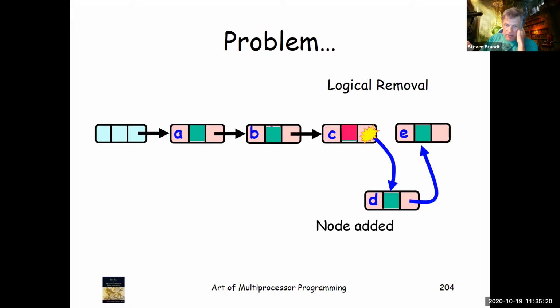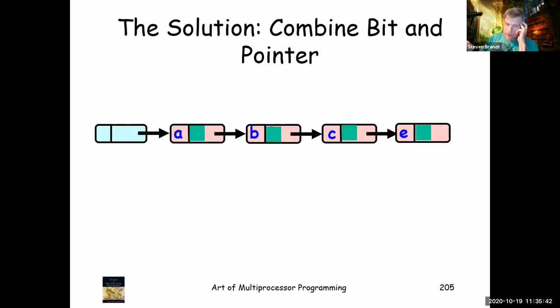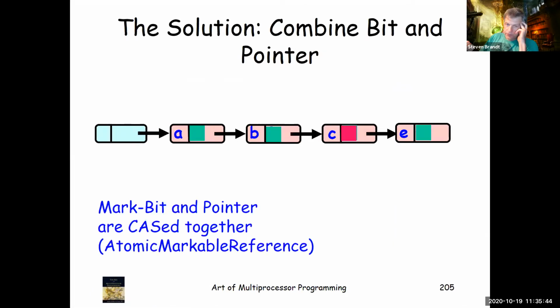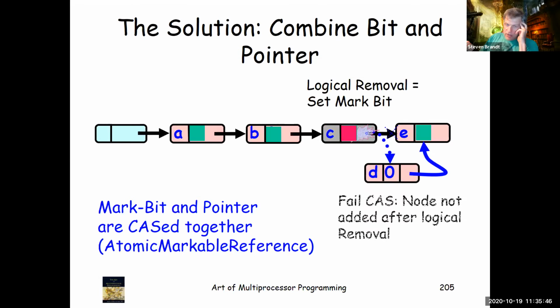Okay, and so now when we've added, we think we've added a node, but we haven't, right? We have prevented a problem with two nodes trying to update this next field at the same time. But what we haven't fixed is the problem that this thing got changed on us. So what we're going to do is change these things together.